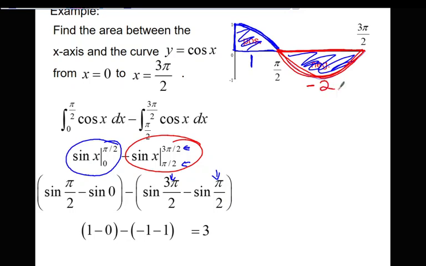That's why here, if you had done this, it would have been 1 minus -2. If I had done it all the way, if I had done 0 to 3 pi over 2 of cosine x dx, that would have given me -1.